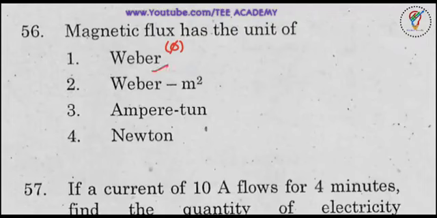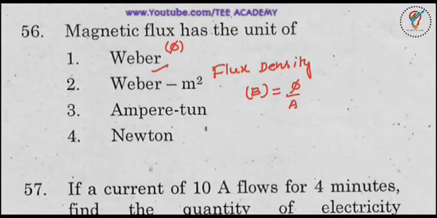Suppose they ask about magnetic flux density, don't confuse flux and flux density. Magnetic flux density is denoted by letter B, which is nothing but flux per unit area, so it is Webers per meter square.